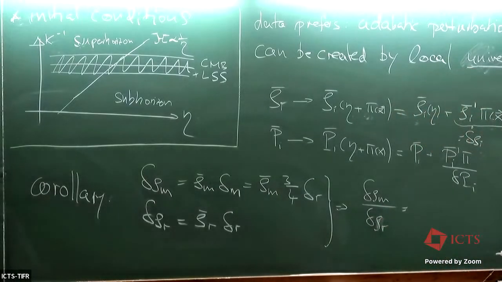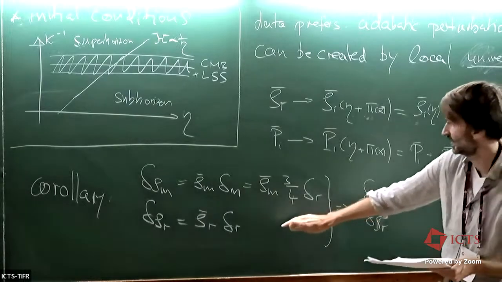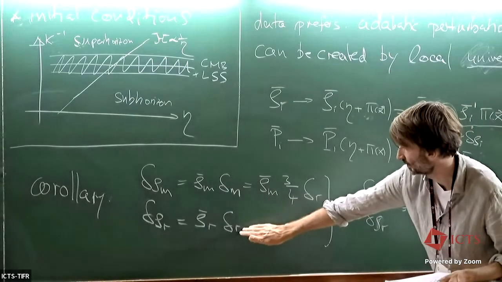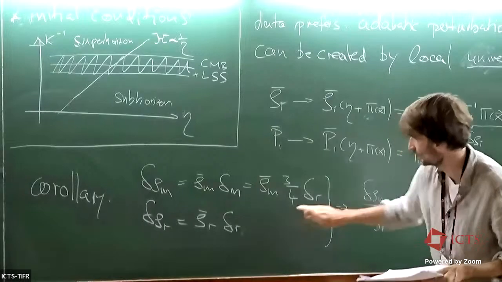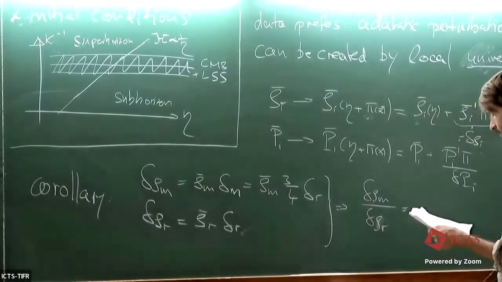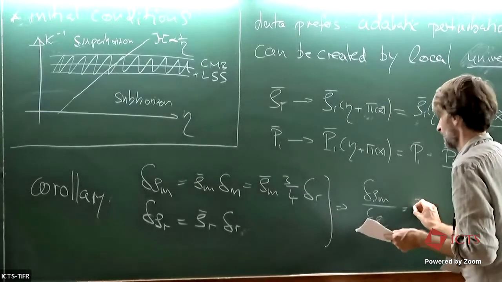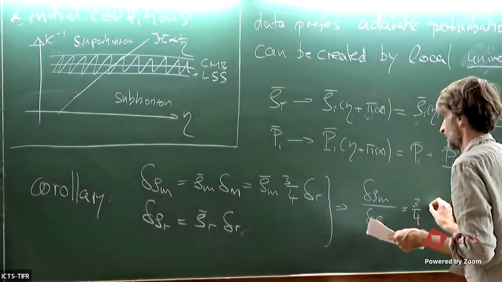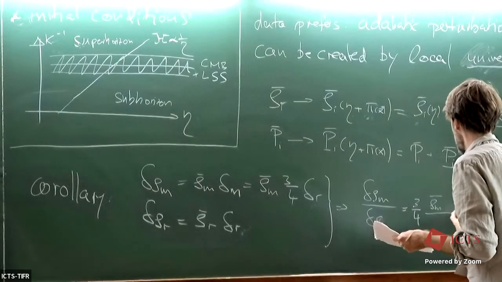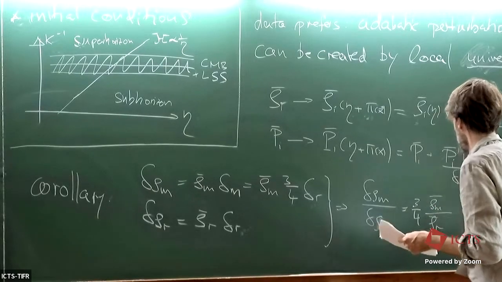If you take the ratio, the density contrast drops out, and we simply get 3/4 times rho_m, the background value, divided by rho_r.